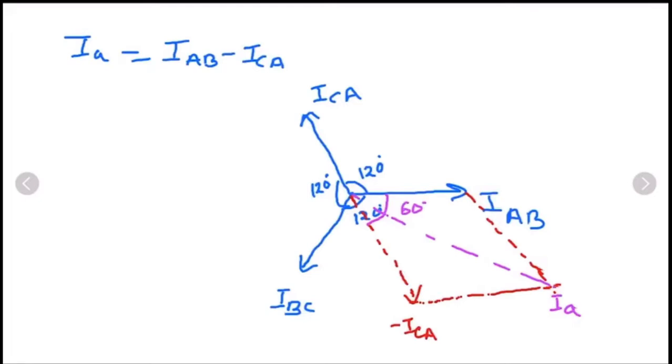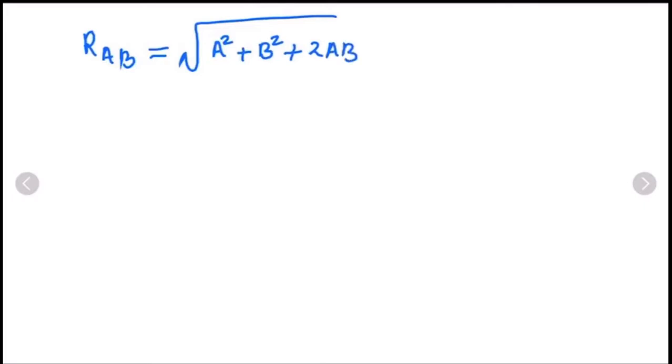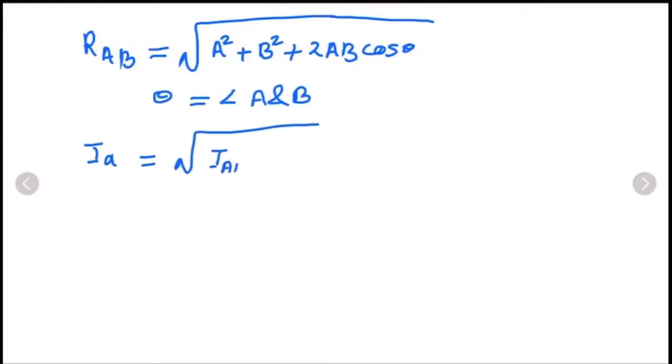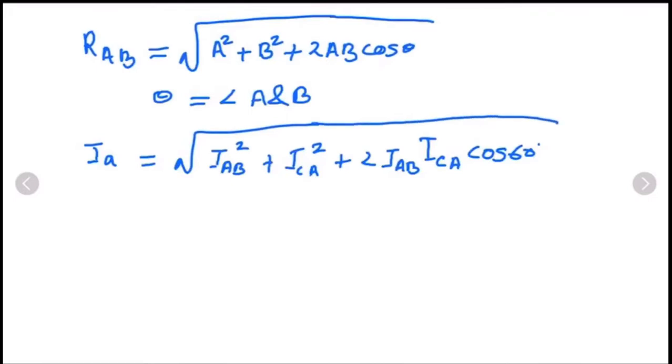As we know, for the parallelogram method, any resultant can be calculated: if R is your resultant and A and B are your phasor components, it will be the square root of A square plus B square plus 2AB cos theta, where theta is the angle between A and B. So here the resultant is your IA and the components give IAB square plus ICA square plus 2 IAB into ICA cos 60. Here we are considering magnitude only.